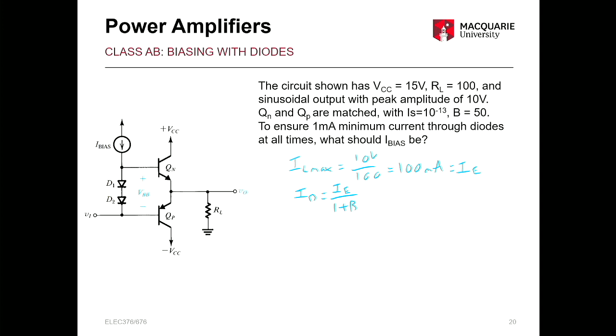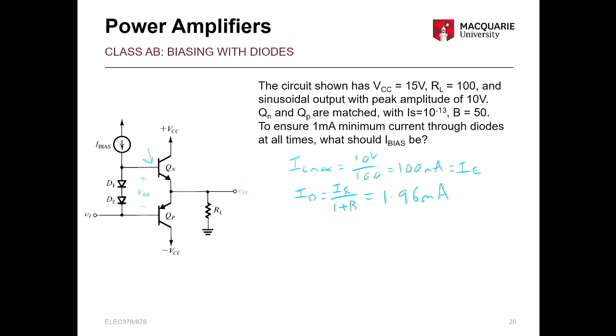Again, that's somewhere where people can slip up if they just divide by beta. That will give you your IC. So here we've got the IE, so that would be for IC. This will equal 1.96 milliamps. So we need, at most, at our base terminal here, 1.96 milliamps.